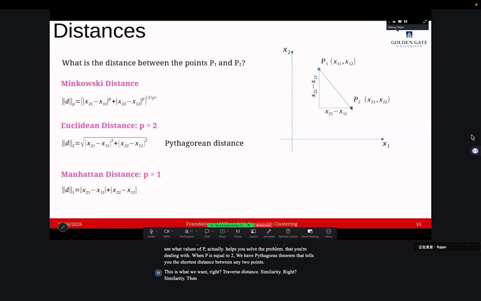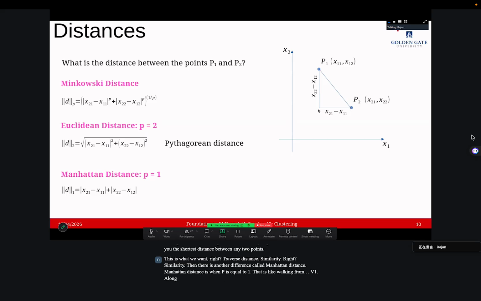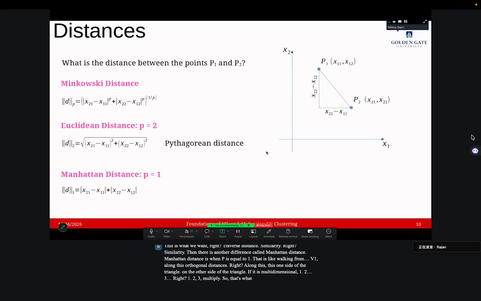Then there is another distance called Manhattan distance. Manhattan distance is when p is equal to 1. That is like walking from p1 along these orthogonal distances, along one side of the triangle and the other side of the triangle. If it is multidimensional, 1, 2, 3, that's what this Manhattan distance is.